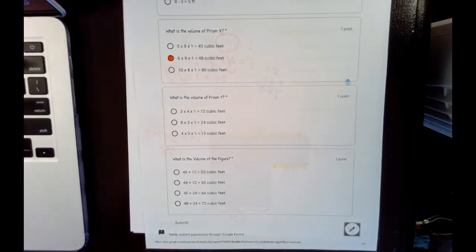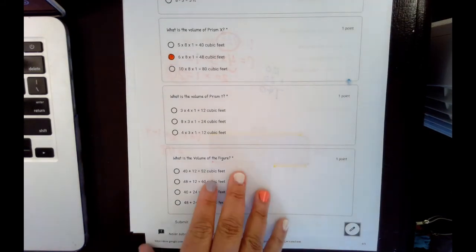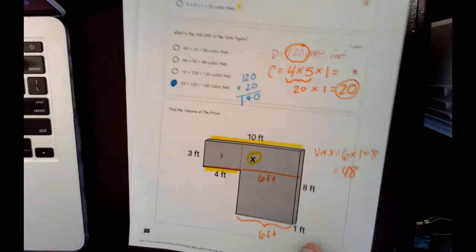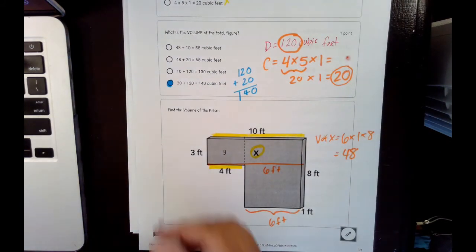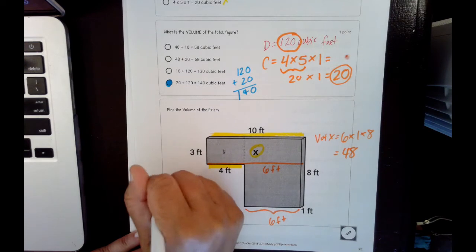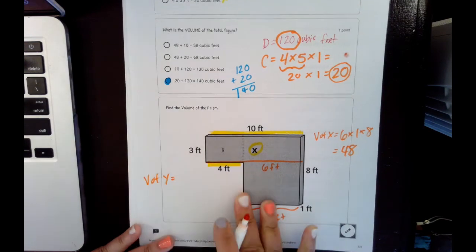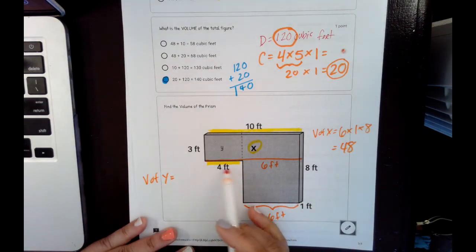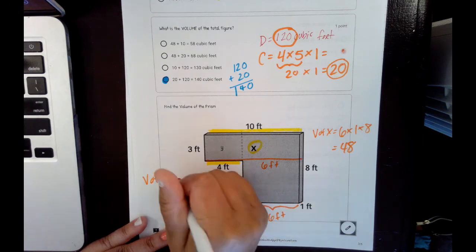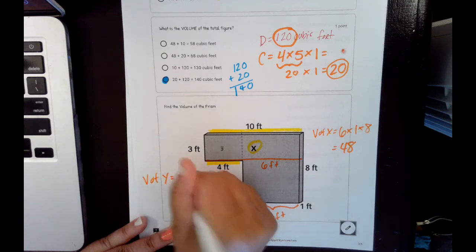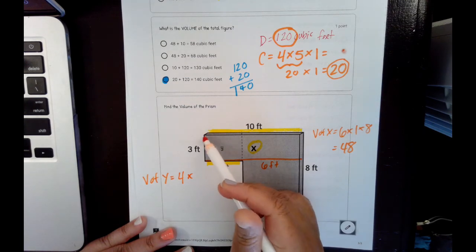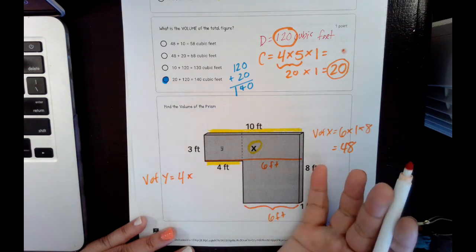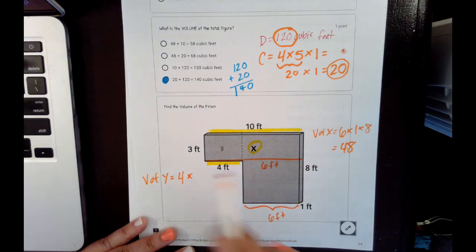All right, what is the volume of prism Y? Let's look. Okay, so prism Y, V of Y. The length they gave to us is 4 feet. The width is how far it goes back, though it doesn't show us here, so where are we going to find the width? We're going to have to look somewhere else on the figure.